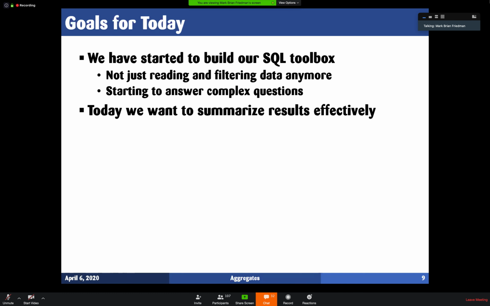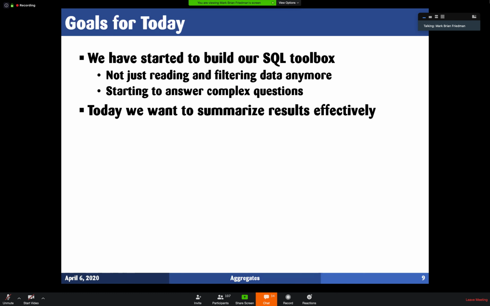But with very large data sets, it's often considered useful to offload that computation onto the database server, where there's a whole lot of processing power and a lot of processors that can work on your query in parallel. Then it just returns the summarized results to you, which is a lot less traffic over the network. So from an overhead or cost perspective, some people prefer to do their summarization inside the database itself.